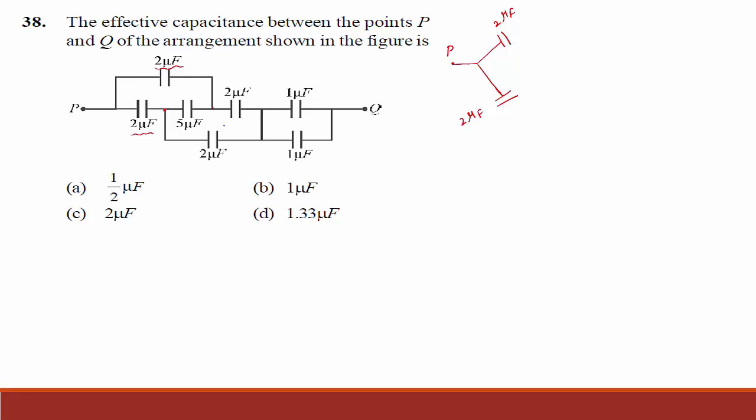Then at this point and at this point, again there are two capacitors. Let us draw the remaining two capacitors here, 2 microfarad and 2 microfarad. Remaining is the capacitor having the value 5 microfarad. So here we can draw the 5 microfarad capacitor.